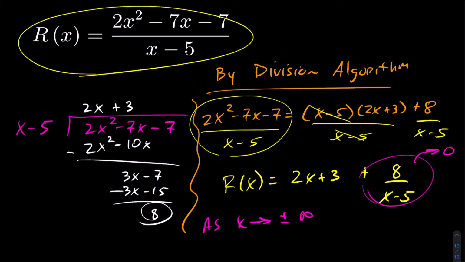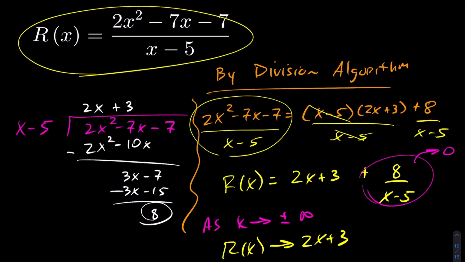As x gets infinitely large, the bottom goes to bigger and bigger numbers, in which case 8 divided by that will tend towards 0. Therefore, my rational function will approach 2x plus 3. That means this rational function has a slant asymptote at 2x plus 3.